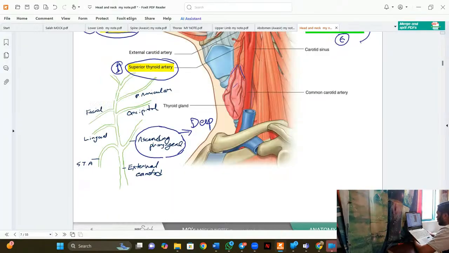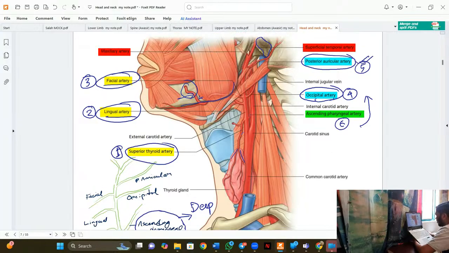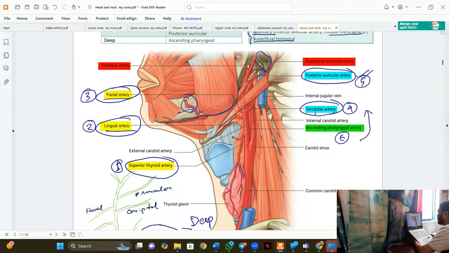This is the superior thyroid artery, then facial artery and lingual artery. Lingual goes a little down. I thought my concept was opposite.